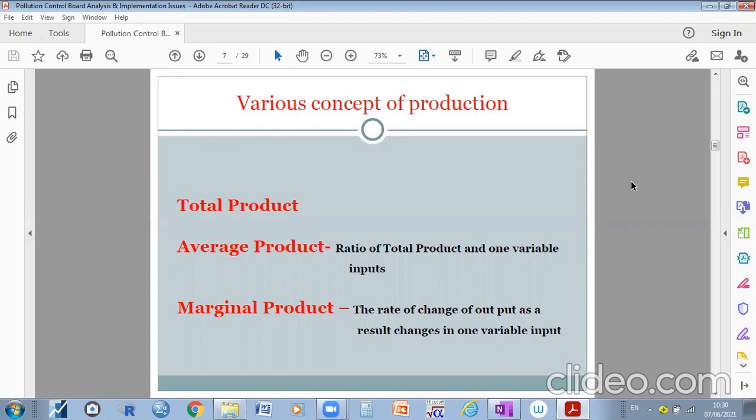Total production is whatever we produce, all the goods and services. What is the average production? Simple, it's the ratio of total production to one variable input, that is TP by Q or X.